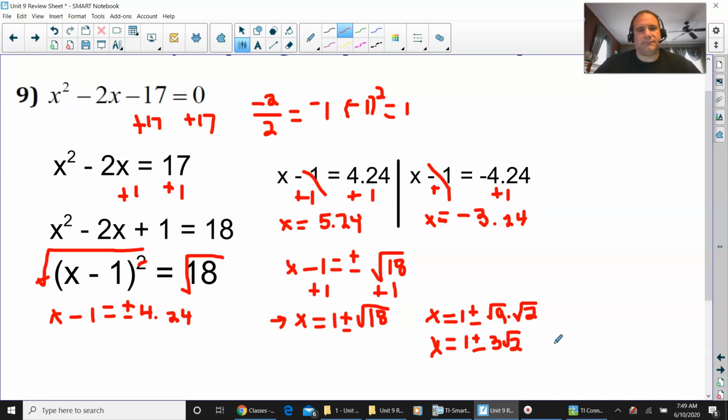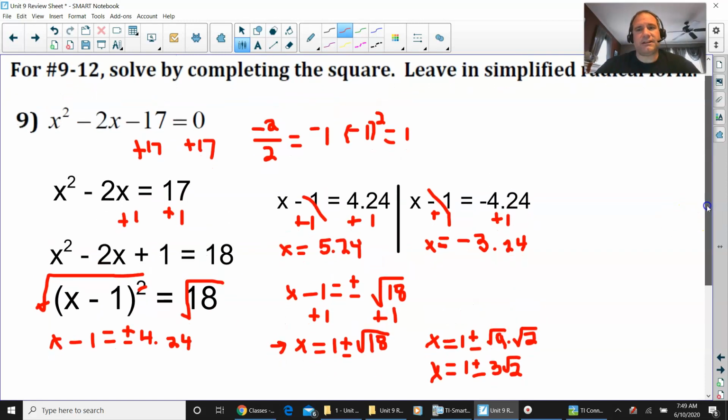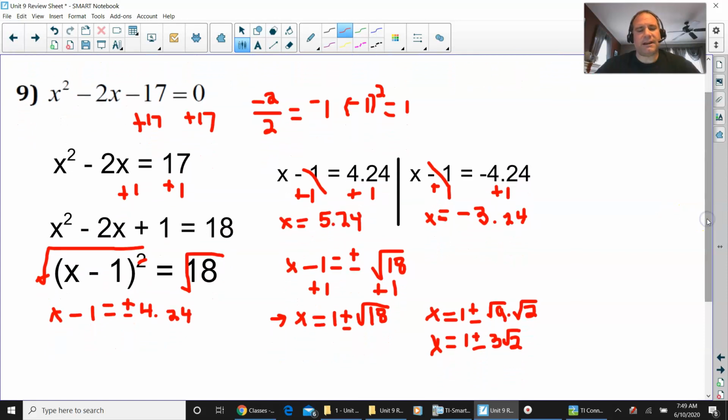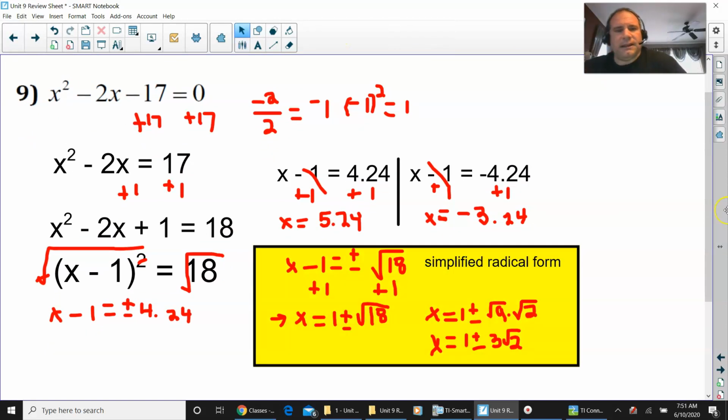So this part right here would be rounding to the nearest hundredth. This part here would be doing what the directions said, leave in simplified radical form. And I'm just putting it into yellow right here. This is the simplified radical form.